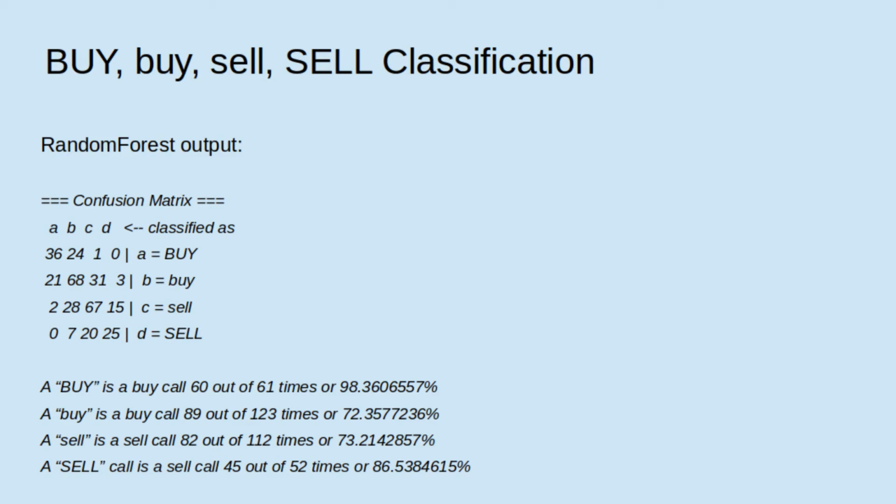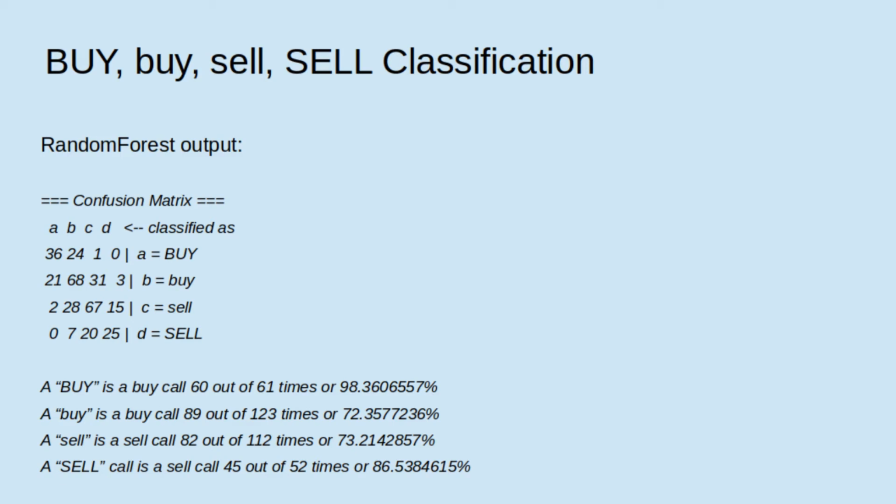Column A, position 1, is correctly called capital buys. But an incorrectly called small buy is still a buy. So what I like to do is add those two together and divide against the incorrectly called sells.